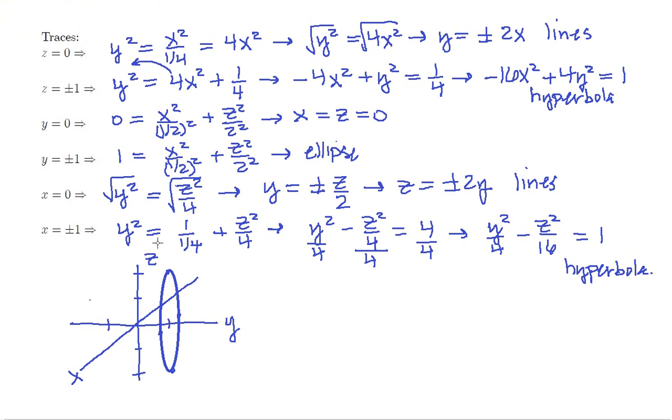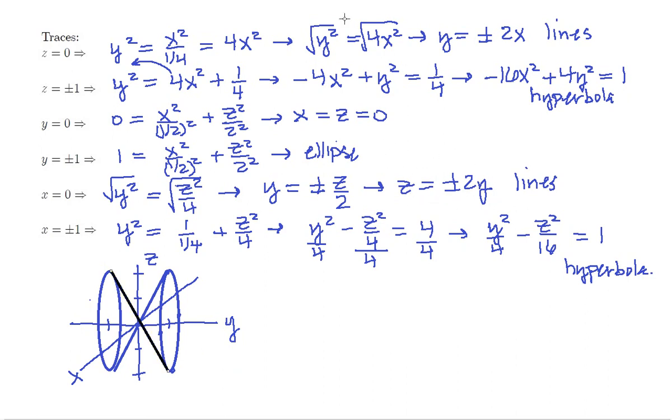Get my circle tool again. So look something like that. And then the intersecting lines here, y is plus or minus 2x, right here and right here. And then the intersecting lines down here, z is plus or minus 2y.